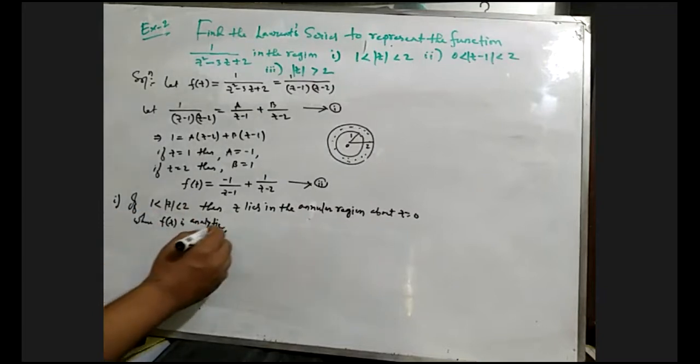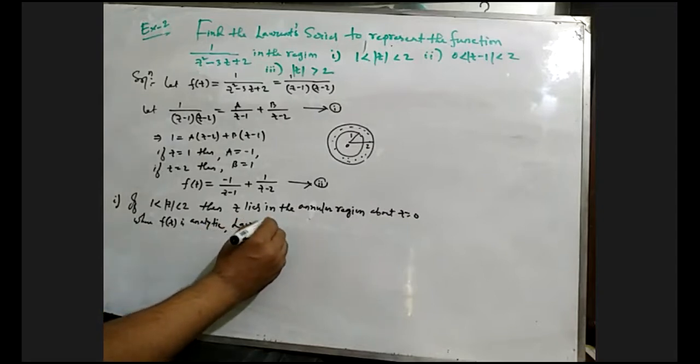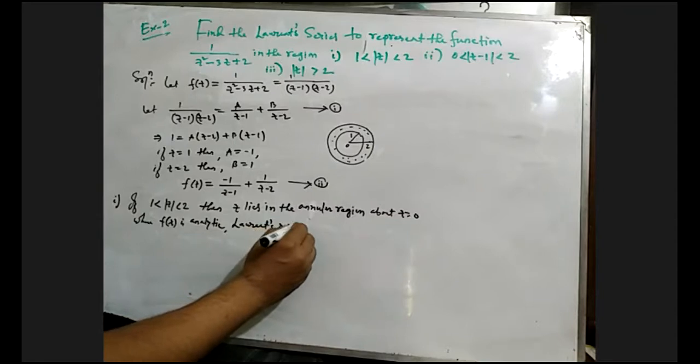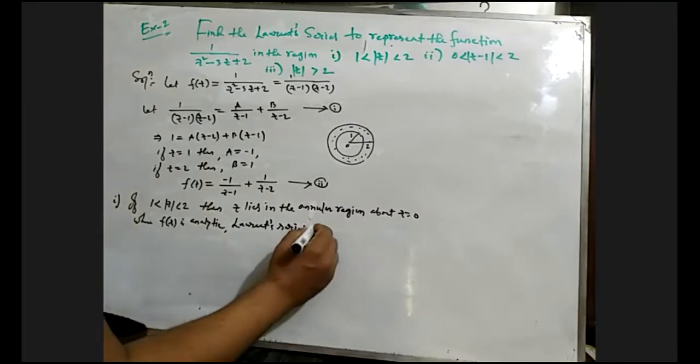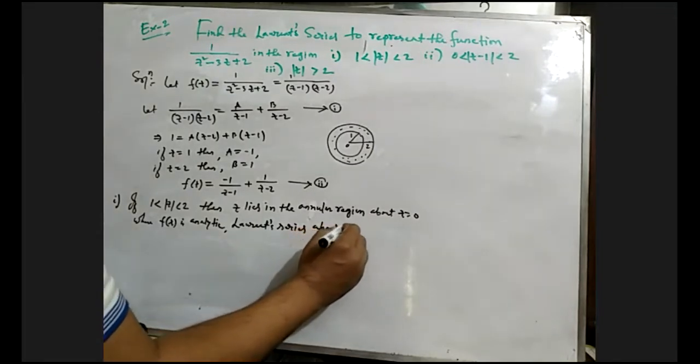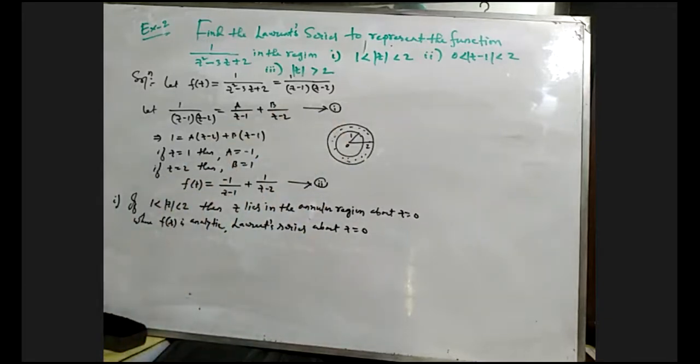Now the Laurent series, the Laurent series about z equals 0, because the center is 0.